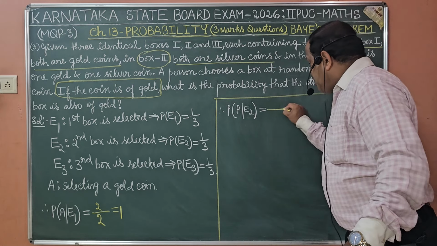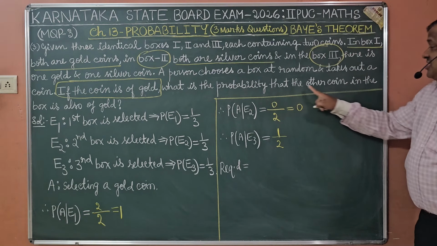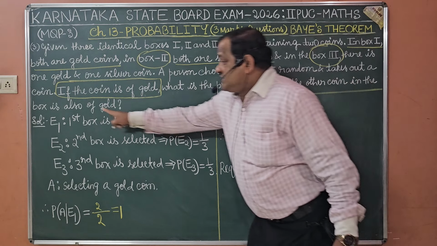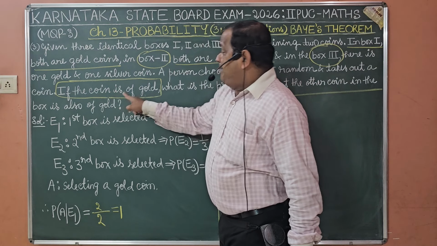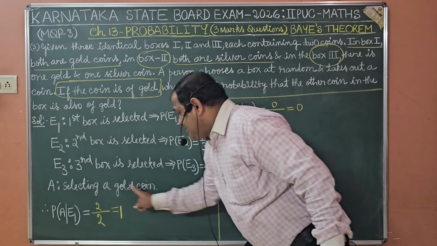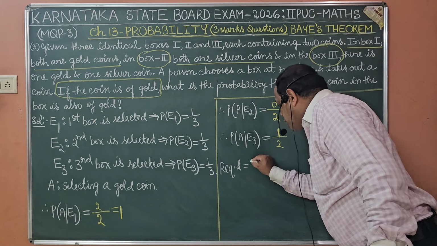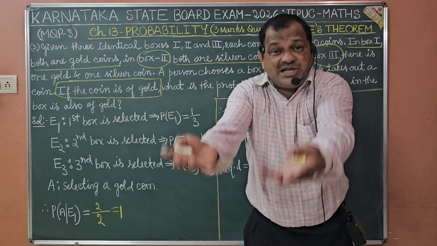Now let us identify what is required. Read the sentence from here: what is the probability that the other coin in the box is also of gold? In other words, if the coin we picked is already of gold, meaning event A, selecting a gold coin, already took place. Which event defines that the selected coin is of gold?